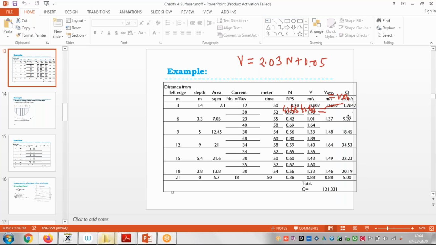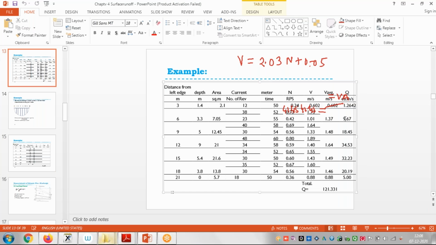They are getting 1.01 multiplied by the area is 7.05. They are taking 1.37 multiplied by the area, 7.05. So they are taking the average velocity, this one. So similarly we will use the same thing, average velocity.